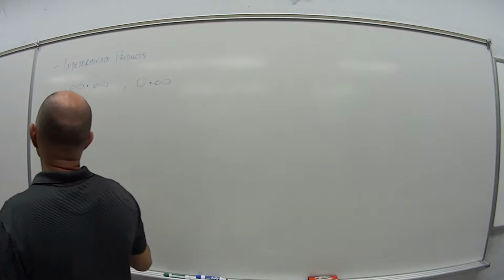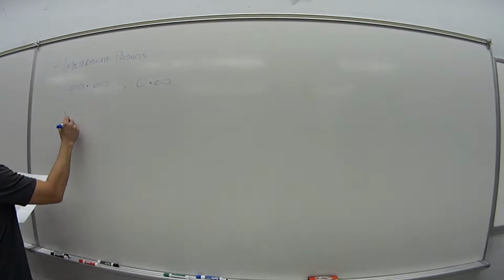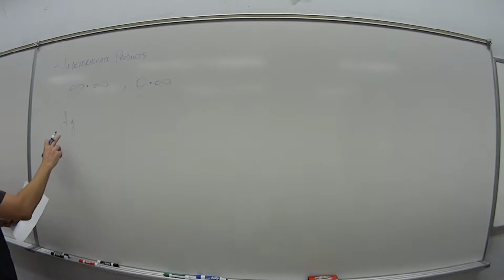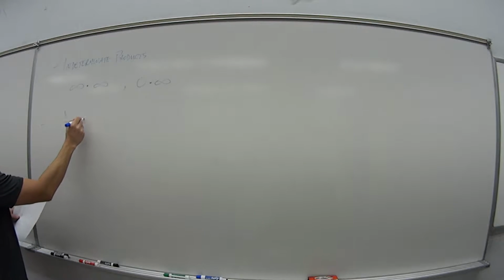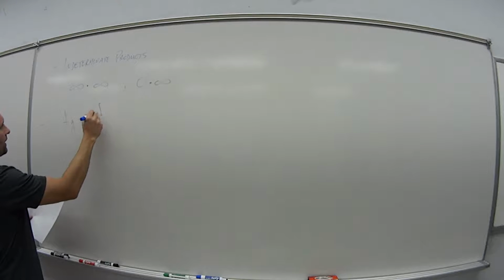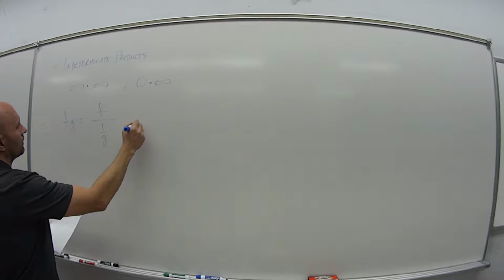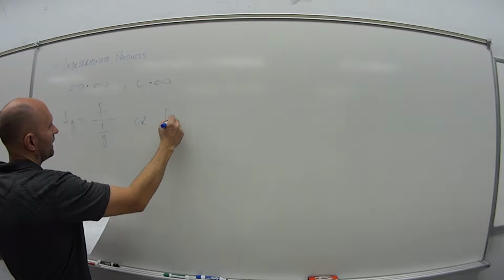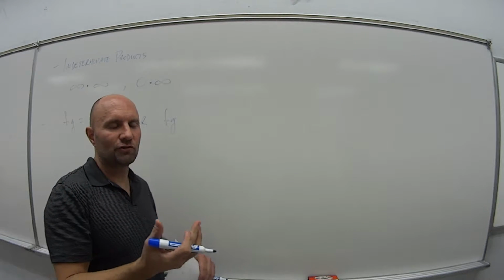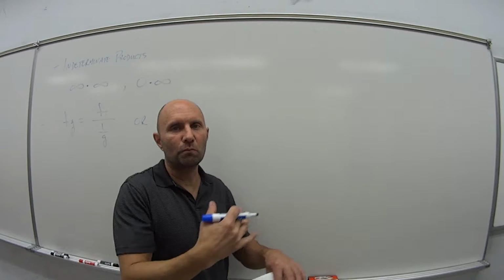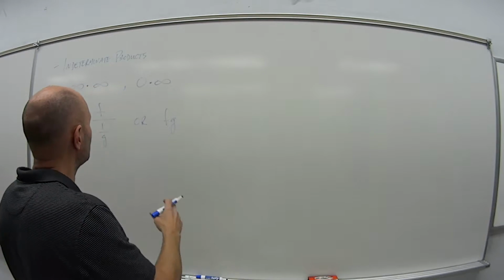So what we're going to do is, if I have the product of two functions, fg, I can rewrite this as f over 1 over g. Depending on what the two functions are, one might be easier to move to the denominator versus the other.